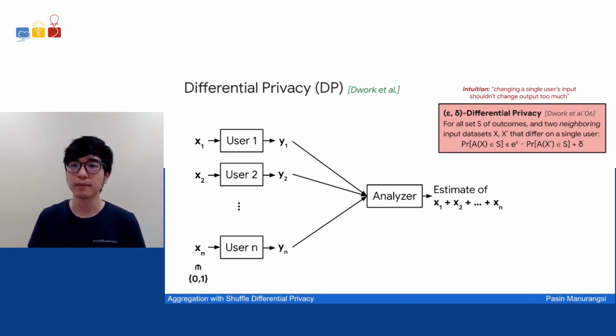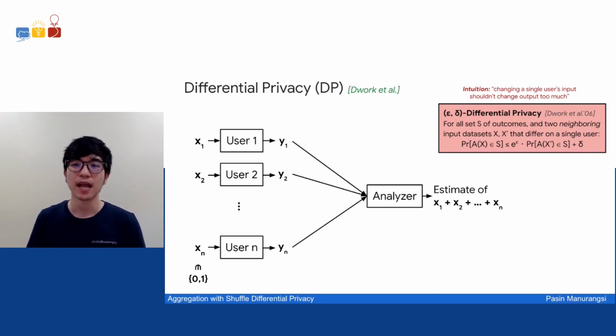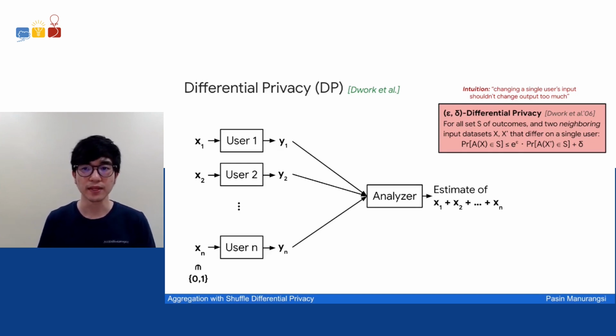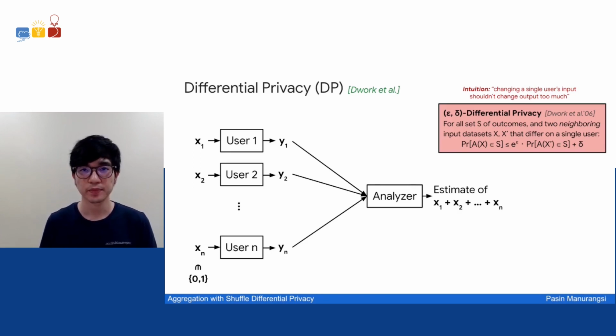We say that an algorithm A is epsilon-delta differentially private, or epsilon-delta DP for short, if for all sets S of outcomes, and for any two neighboring datasets x and x prime that result from changing a single user's input, the probability that your algorithm, when run on x, has an output that belongs to S is at most e to the epsilon times the same probability when run on x prime, plus delta.